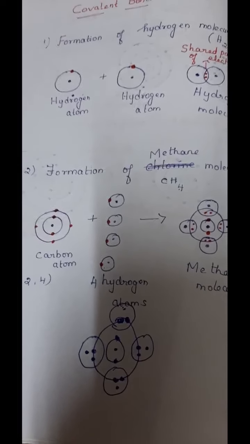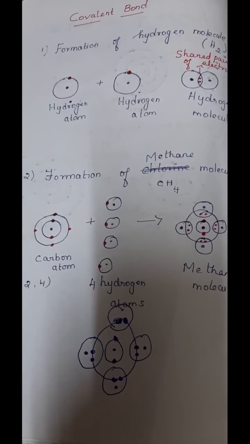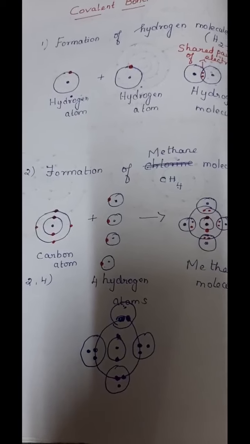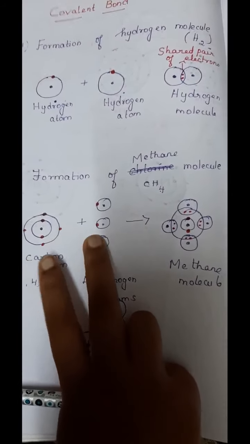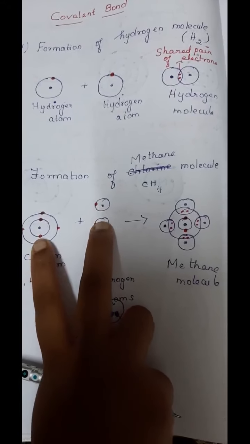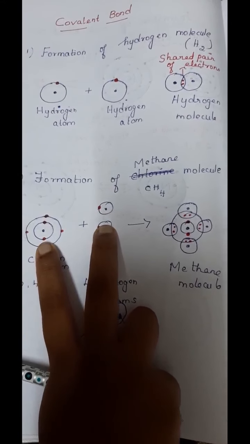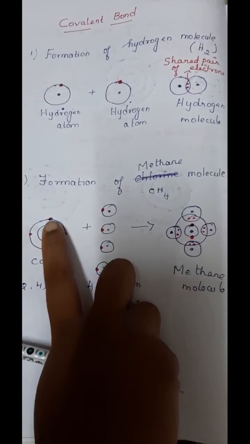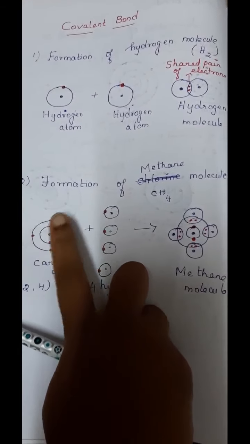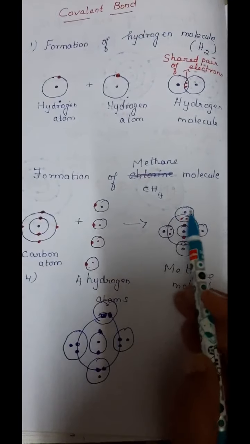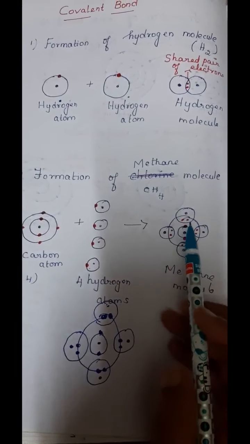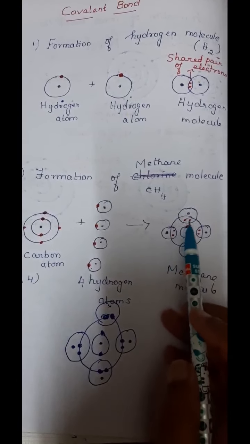What I told you, covalent bond is, see, atoms can combine with each other. This is one atom and this is one atom. So atoms can combine with each other by sharing the unpaired electrons in their outermost shell.